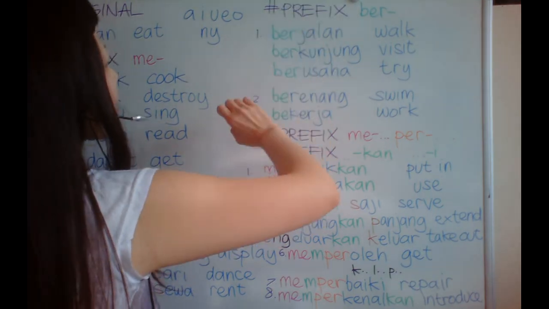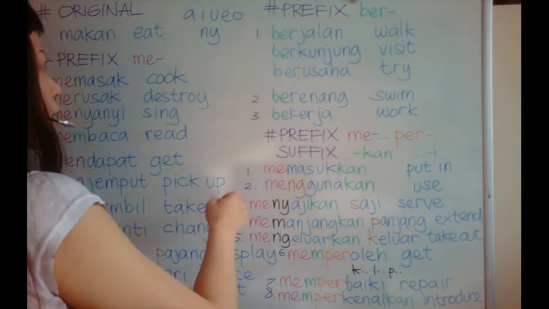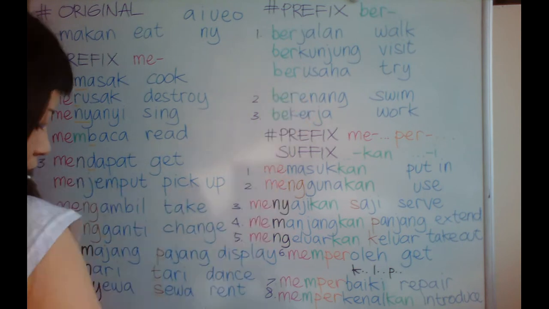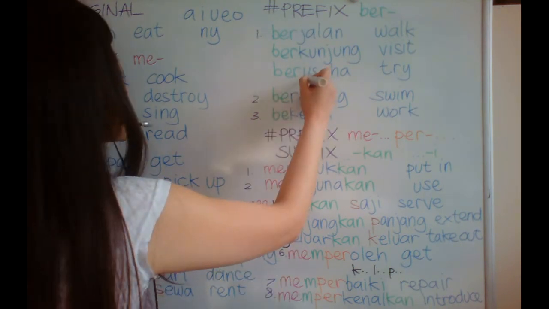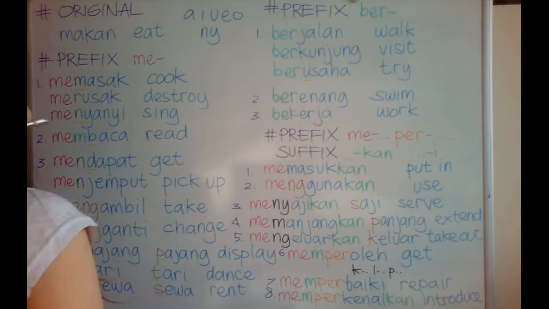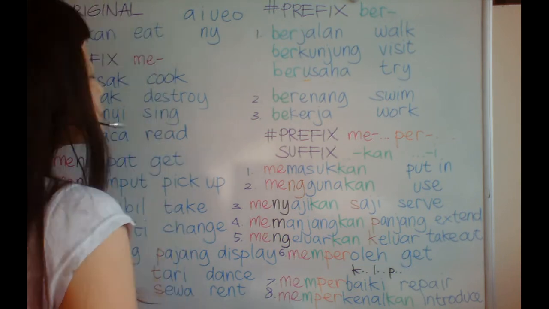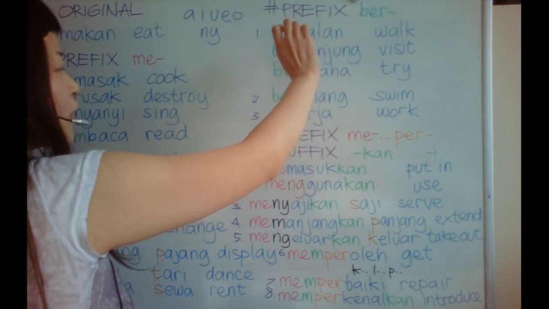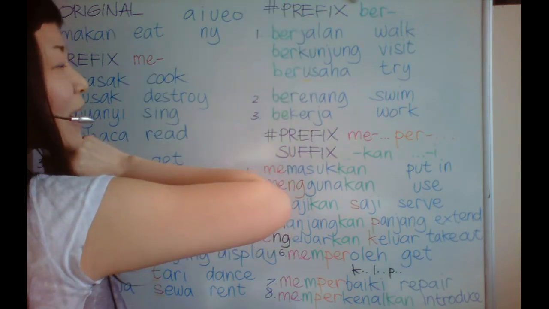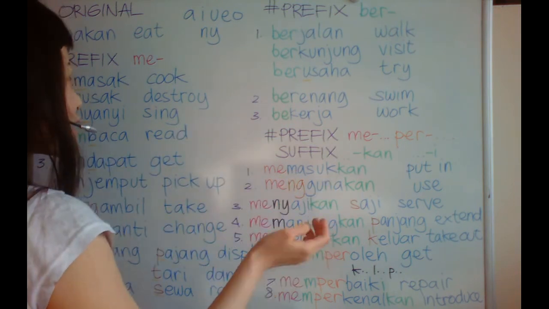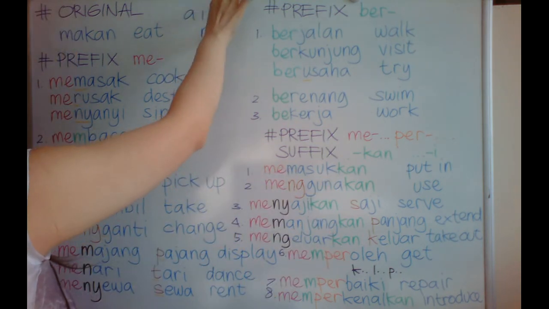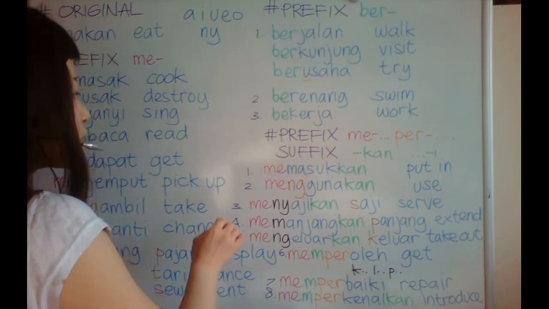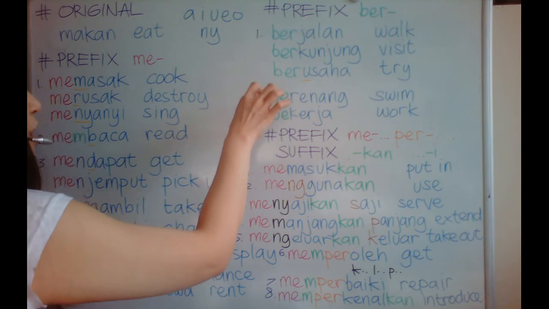This prefix ber is for all of the vowels as initial, and this is an example starting with U. In Indonesian, we read it as U. And for most of the consonants, the other 21 letters that are not vowels, but not all 21, because there's number 2 and number 3 that we have to see here.